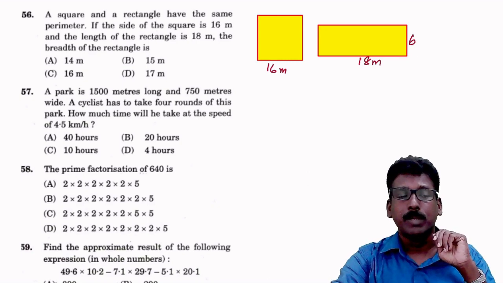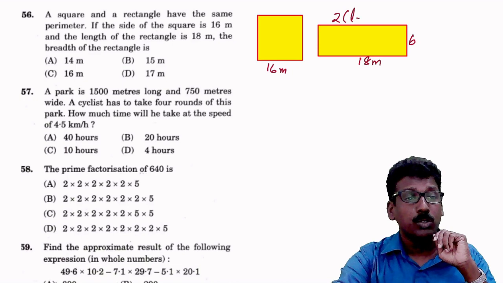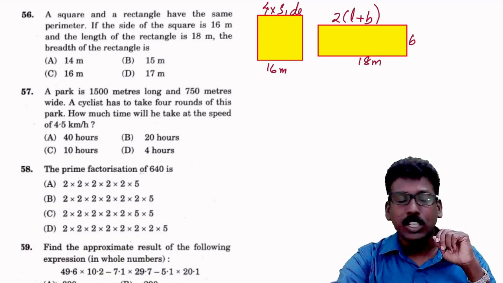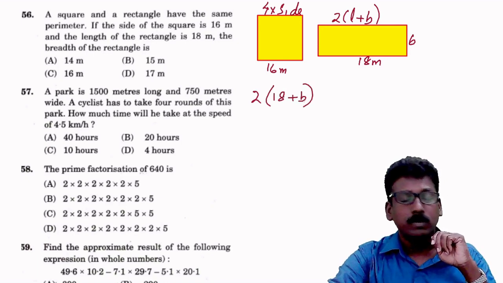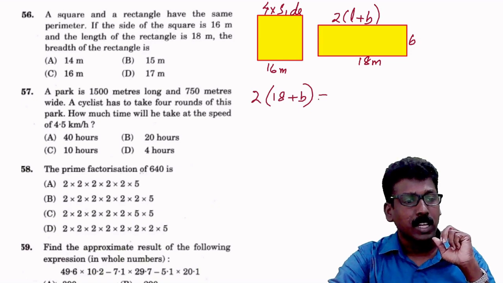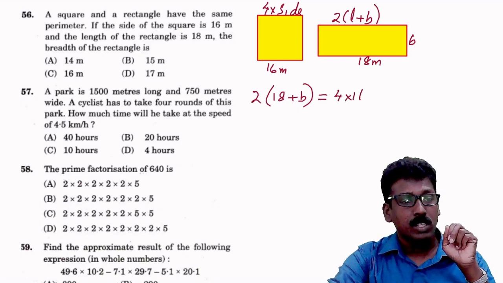Both having same perimeter. You know what is the perimeter of the rectangle? Yes, it is 2 into length plus breadth. And perimeter of the square, it is 4 into side. Both are equal. That means 2 into length plus breadth, means 18 plus b, that is perimeter of this rectangle, and perimeter of the square, that is 4 into 16.